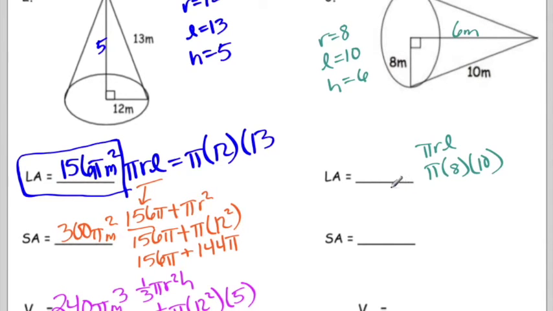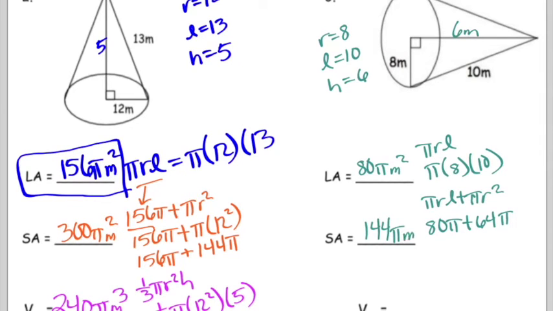So that's just 80 pi meters squared there for the lateral surface area. This one, pi RL plus pi r squared. So that's going to be that 80 pi from above plus 8 squared is 64, so 64 pi. And so 80 plus 64 is 144 pi meters squared for the surface area.